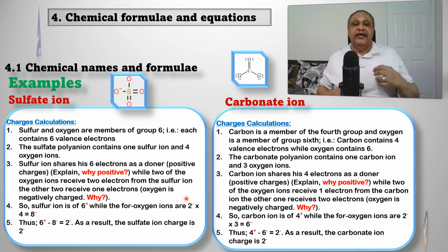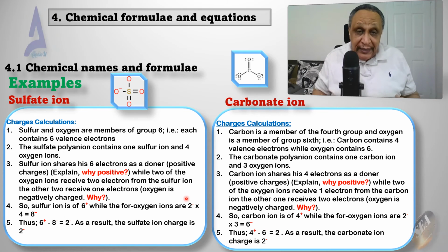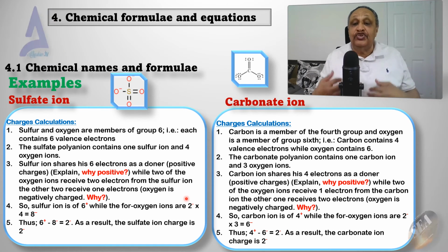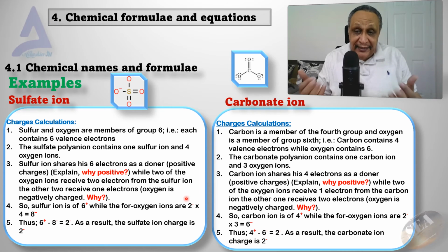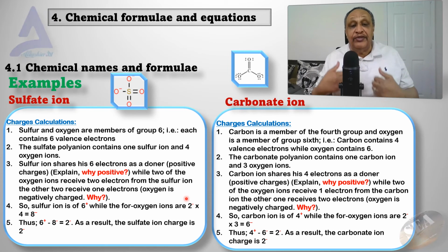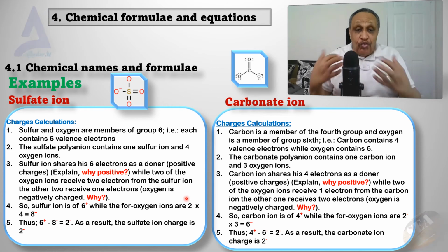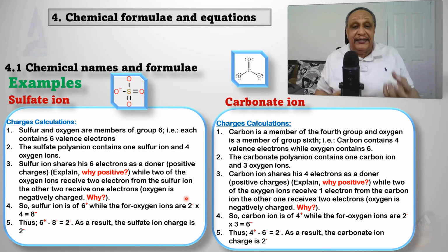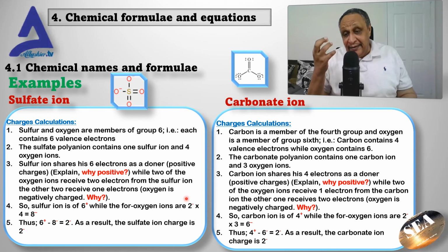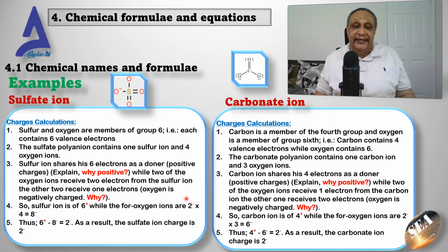So it is easy for the sulfur to lose electrons, theoretically, rather than gain them. And this is why sulfur is positive while oxygen is negative.